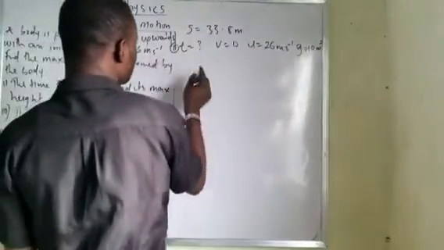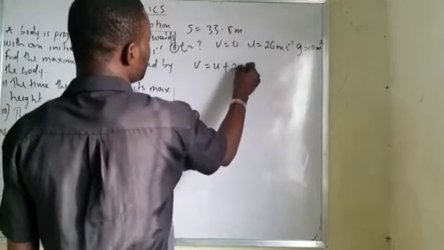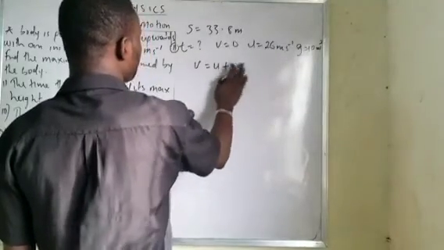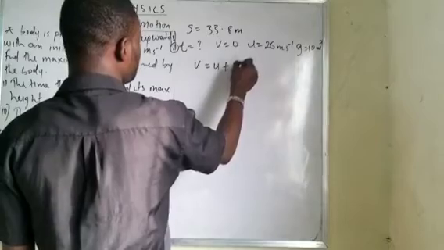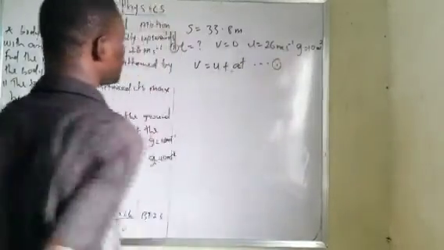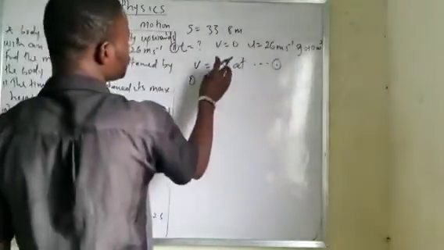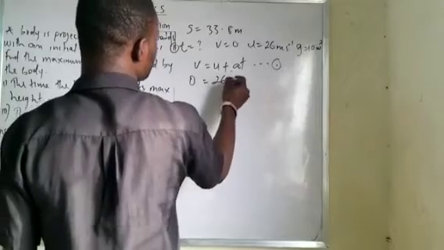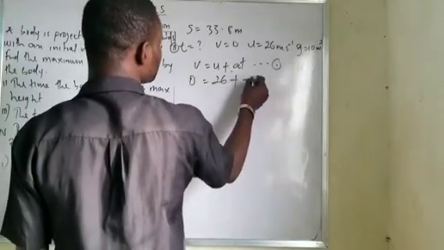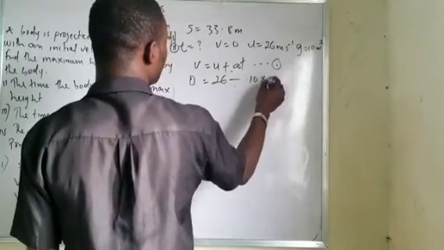Now I can say v equals u plus at, which is equation 1. With this, I'm good to go. I can say that 0 equals 26 plus, my a is minus 10, multiplied by t, which I don't know.